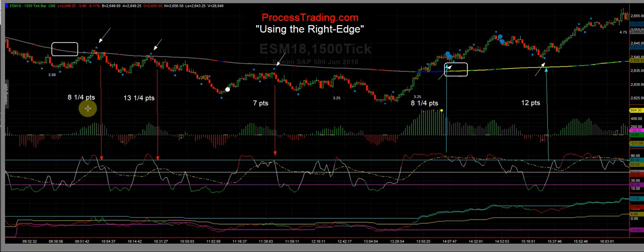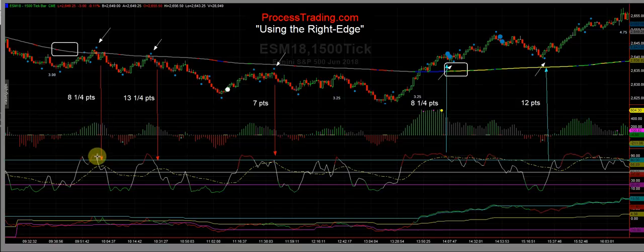Some of the verifications and confirmations you can have are by looking at the discretionary indicators below it. We see that the Energy had gone from green to gray, which shows weakness, and eventually did turn red.